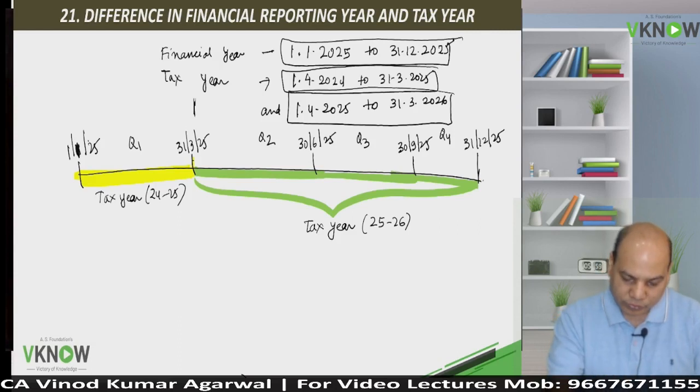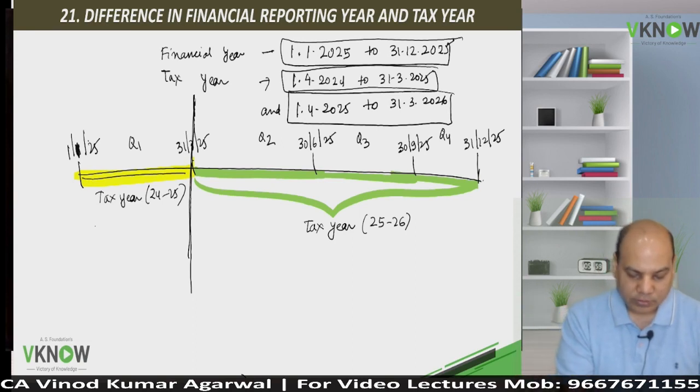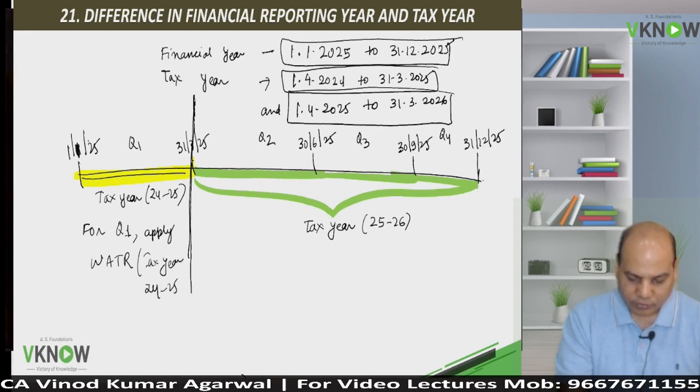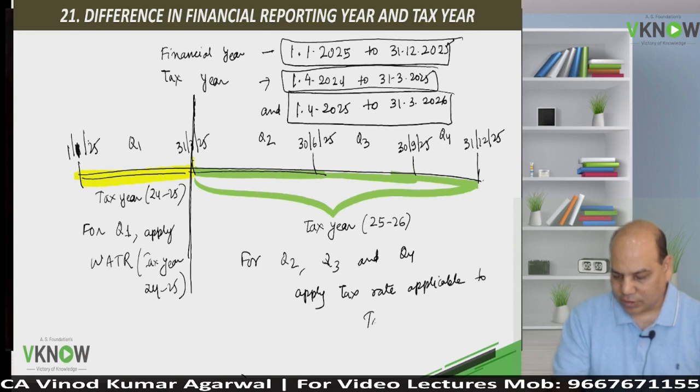So what we'll do, we will apply 2 weighted average tax rates. For quarter 1, apply weighted average tax rate applicable for tax year 24-25, and for these 3 quarters, quarter 2, quarter 3 and quarter 4, apply tax rate applicable to tax year 25-26.